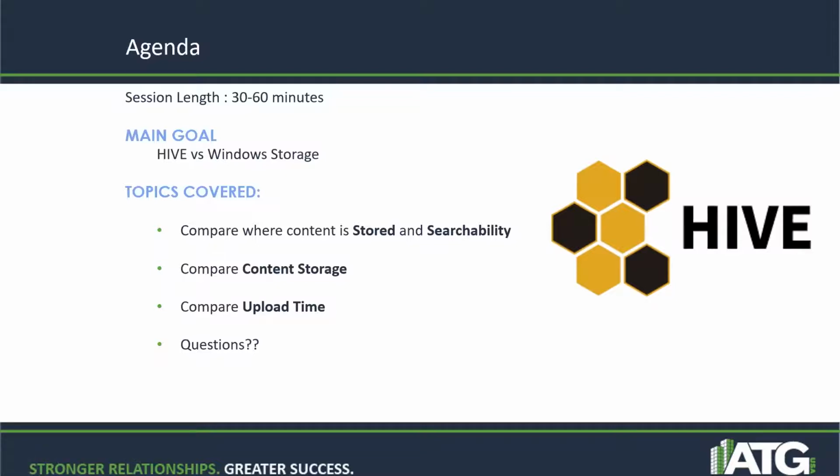Another thing is that when we compared our storage, we looked at how much information was already stored. We already had 300 pieces of information in one set of Hive. That was bigger and better than just pulling up a file explorer.